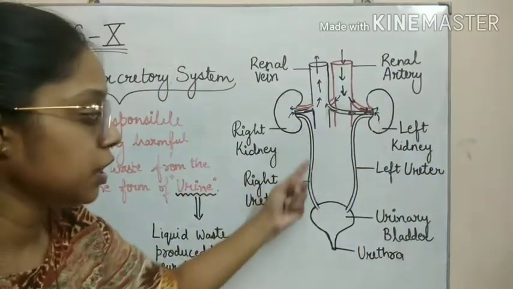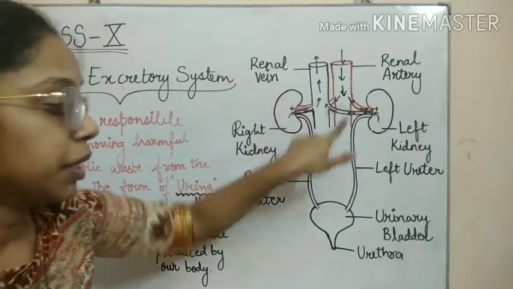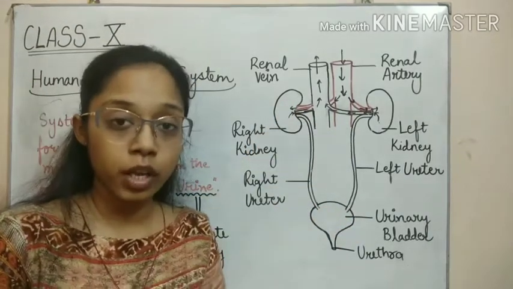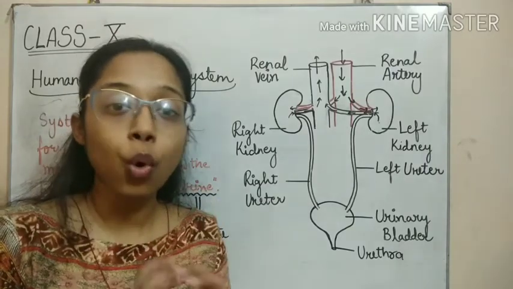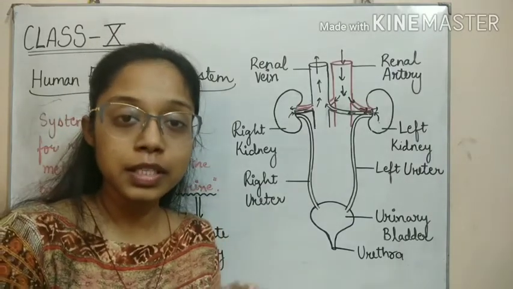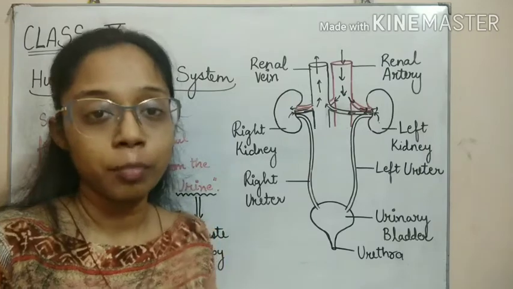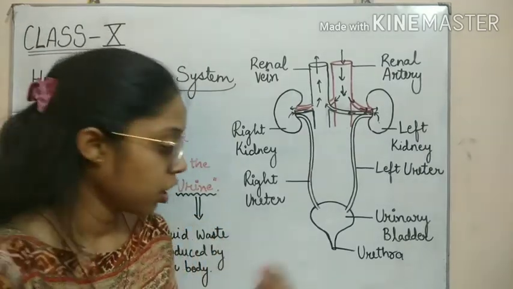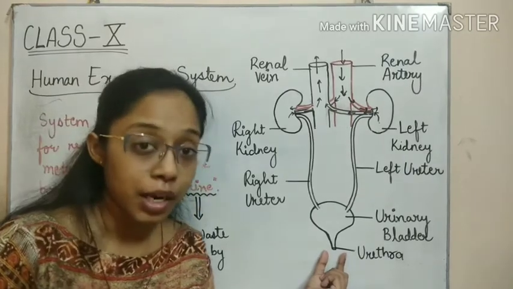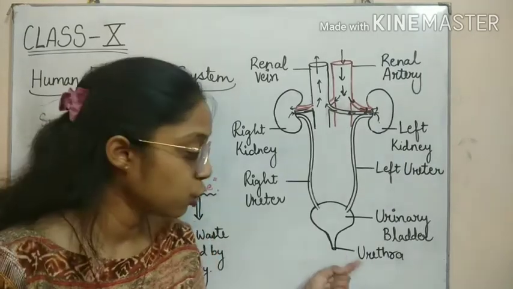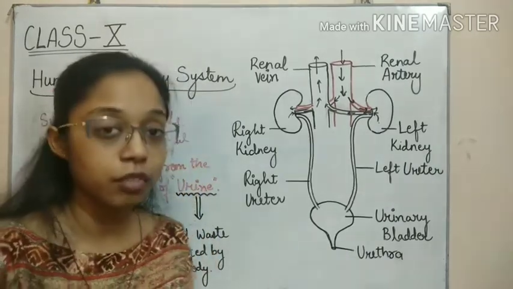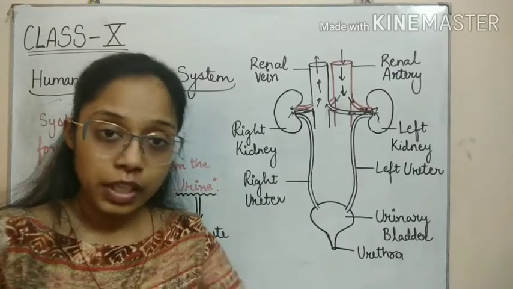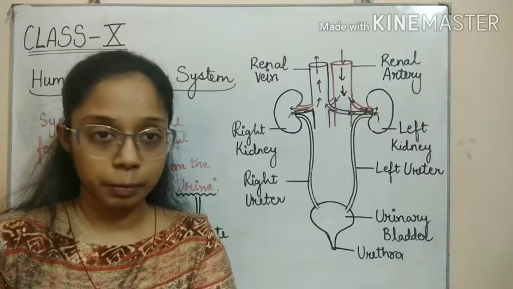The urinary bladder is the place where urine is stored till the time it is excreted out from the body. And it is excreted out from the body by using a part called the urethra. So the urethra is the part of the body with the help of which urine excretes out from the body.